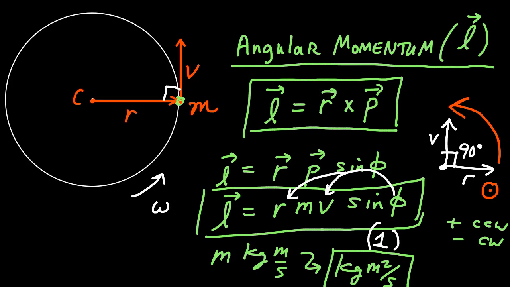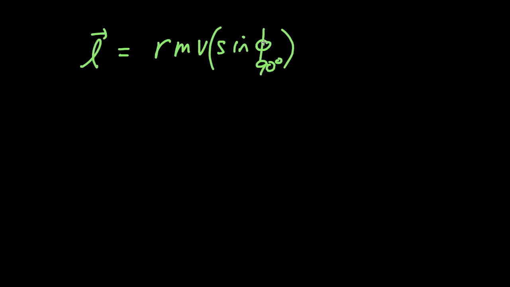So let's do a simple calculation and see how an angular momentum calculation turns out. If we use mass 2 kilograms, radius 0.25 meters, and speed 20 meters per second, we will have L, angular momentum, equals r m v sine phi. And like we already said, this is 90 degrees, so this is all just 1.